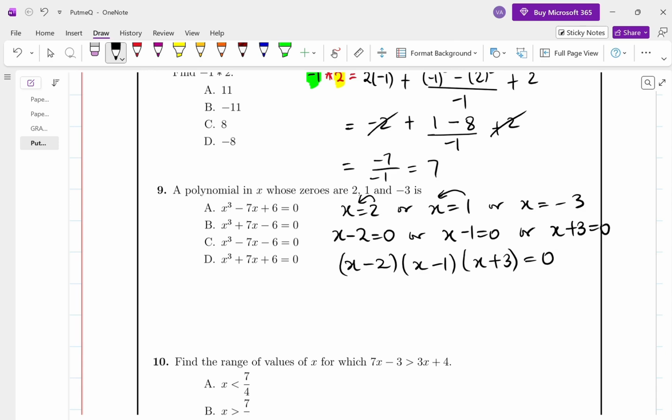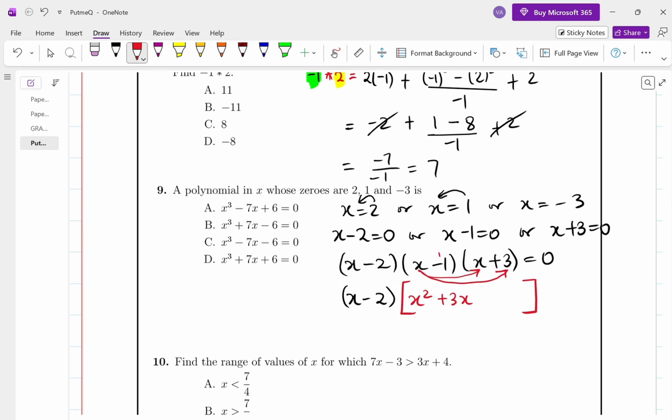So let's multiply. Now we have to do this 2 at a time, either the first 2 or the last 2. Let me choose the last 2. So this is x minus 2, then I'm going to multiply this guy. So I'm going to have x times x, that's x squared. Then x times 3, that's 3x.